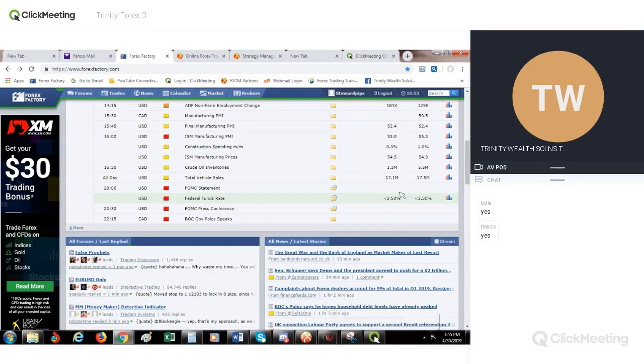So the moment they fill the forecast column and it is higher, the market starts pricing in, right? So you will see the dollar rising even though the report is not yet released. We call it pricing in, to reach what is expected.